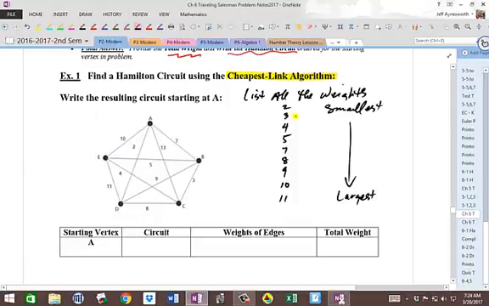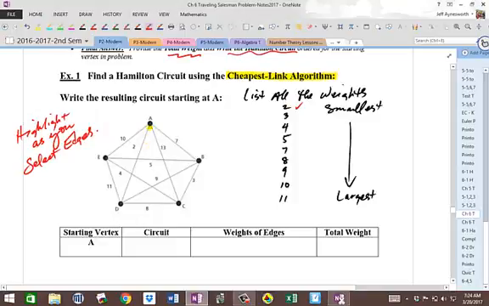Okay. So what we're going to do is highlight as we go. It's always easier as you do this. Okay? Highlight as you select edges. All right, so I'm going to start with this one here, and I'm going to check them off as I select them.